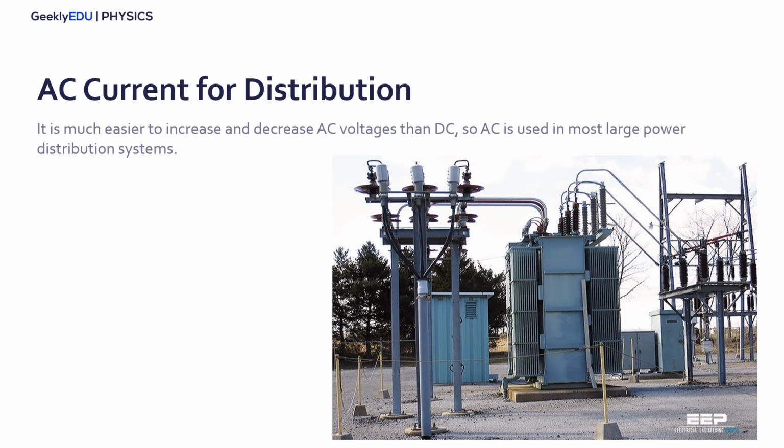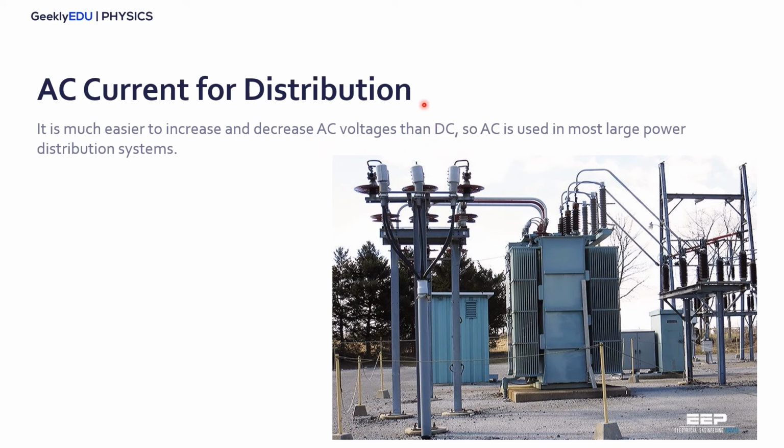So when do we use AC current? One of the most common applications is for distribution, and we use AC currents basically because it's easier to increase and decrease the voltage. It's much easier than with DC current.